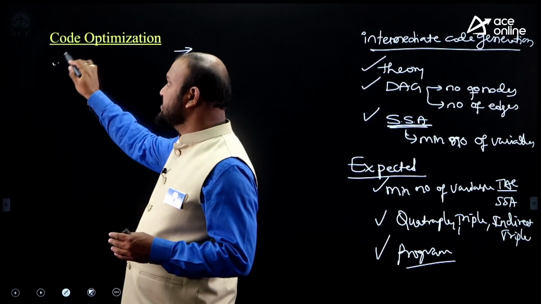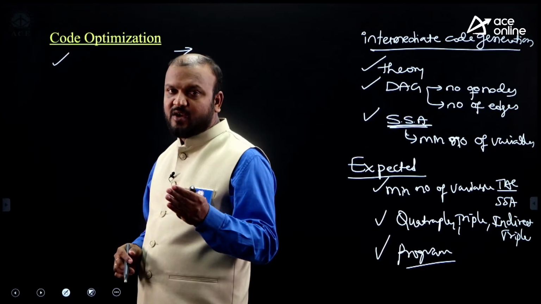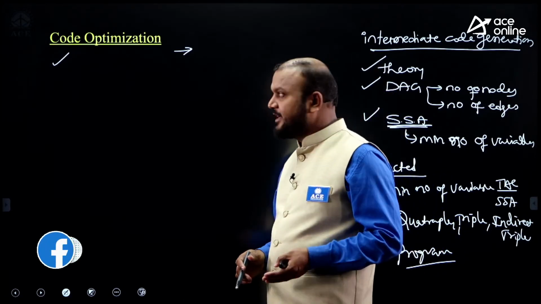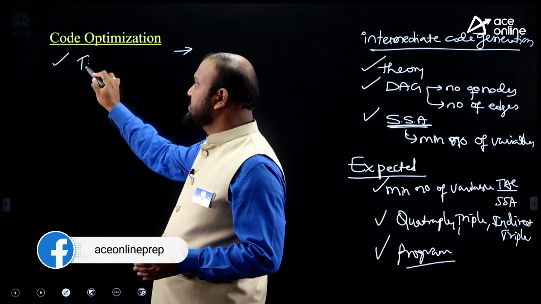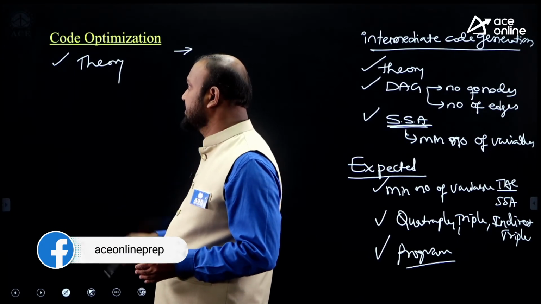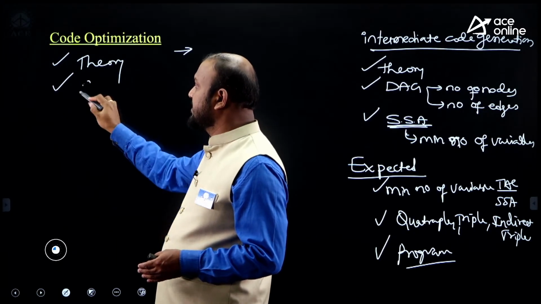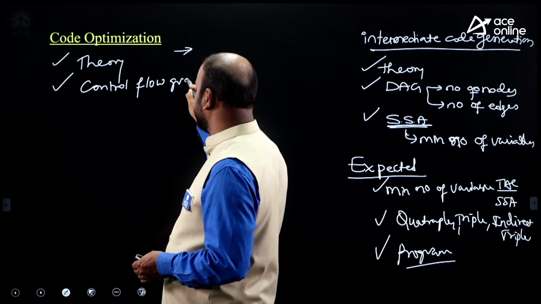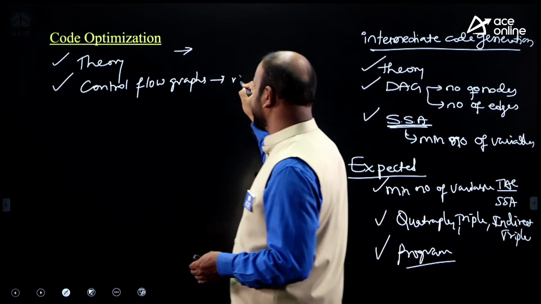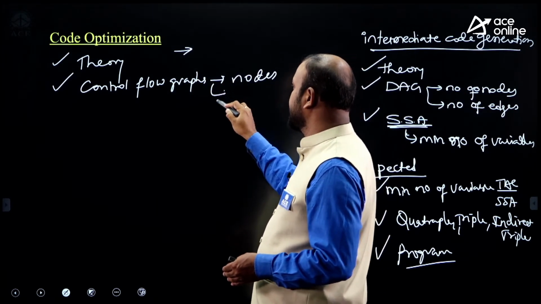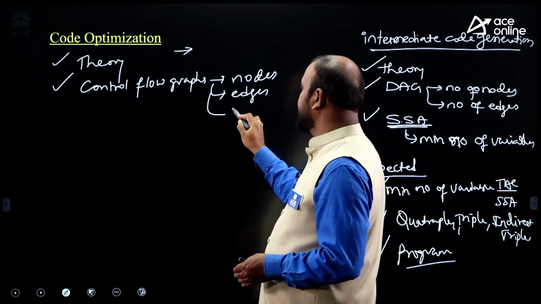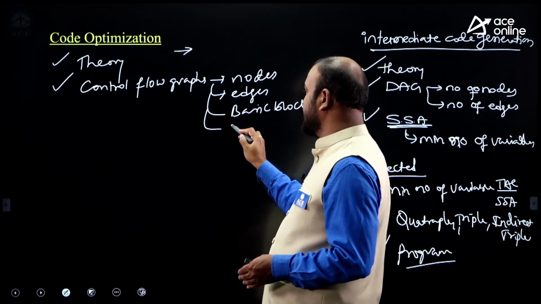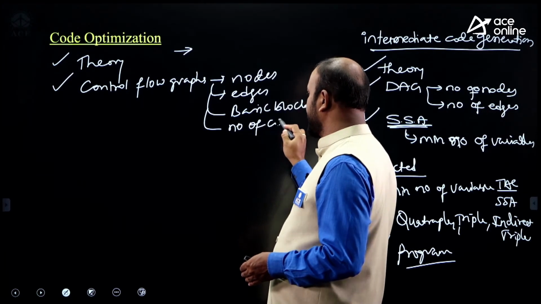On optimization, before 2015, optimization was there. After 2015, optimization was removed. Again, it was added in the 2021 paper. But most of the questions are theoretical. And some questions were asked on control flow graphs: how many nodes, edges, basic blocks, and number of control paths.